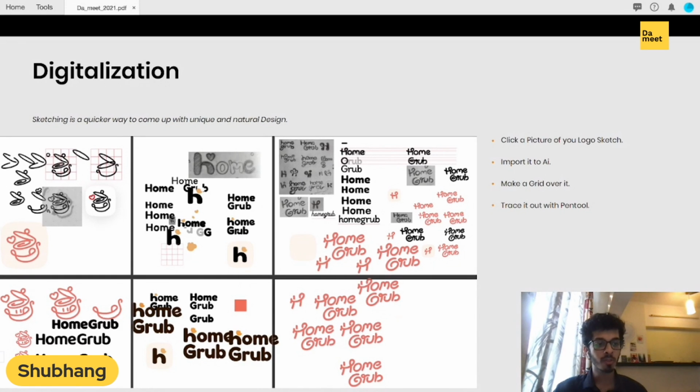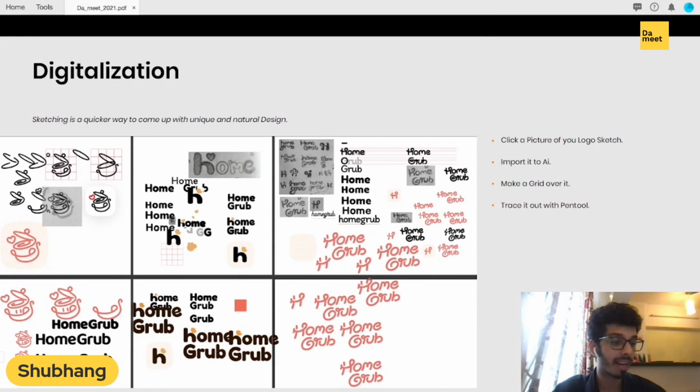In vector graphics, I think if there are engineers over here, you might have heard what a vector is, because we had this in mechanical engineering. These vector points are actually defined by nodes which are made by mathematical formulas, and they can be scaled up and down quite easily.